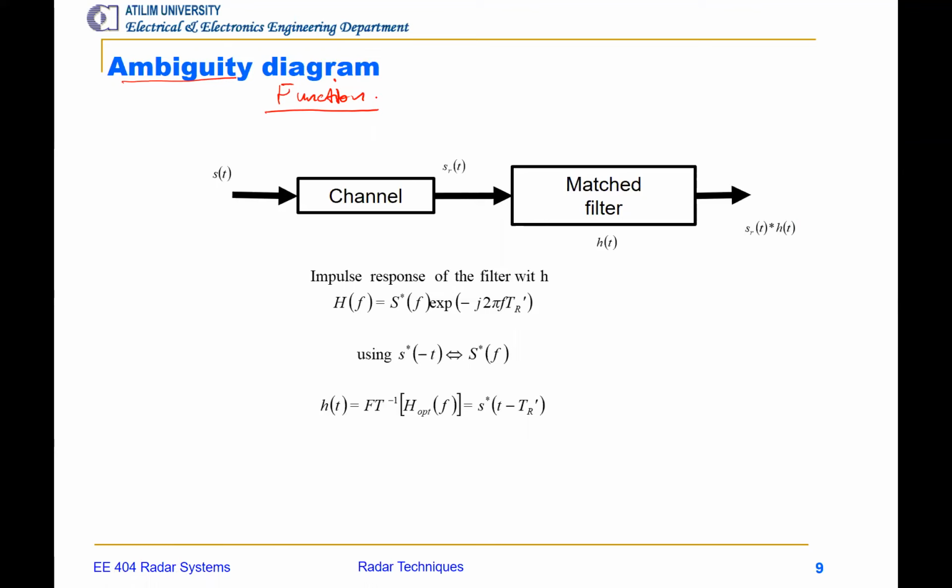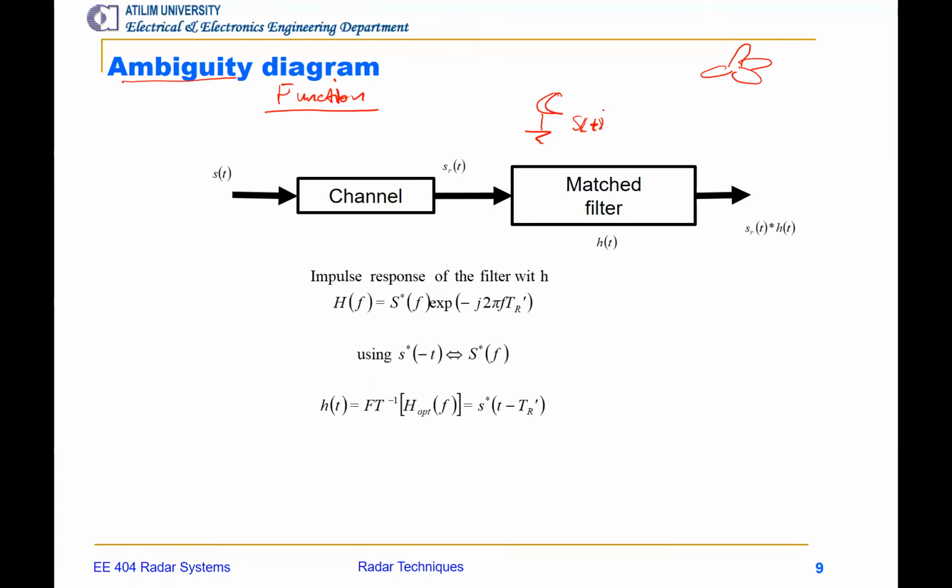Let's go back to the matched filter that we discussed 2 weeks ago. It was about the receiver structure that we used in radar systems. Again, consider the radar system with a target here. We transmit an s of t, which is typically a pulse sequence.